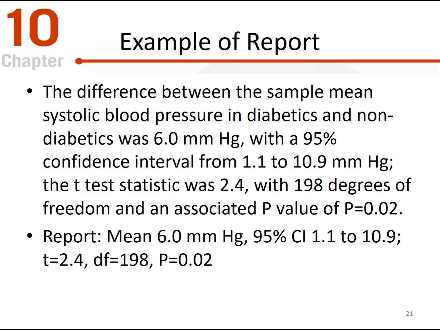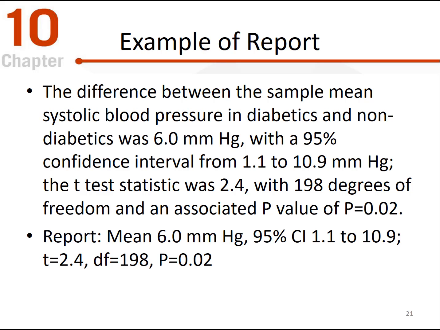So let's say we found that the difference between the sample mean systolic blood pressure in diabetics and non-diabetics was 6 millimeters mercury with a 95% confidence interval from 1.1 to 10.9 millimeters mercury. The t-test statistic was 2.4 with 198 degrees of freedom and an associated p-value of 0.02.